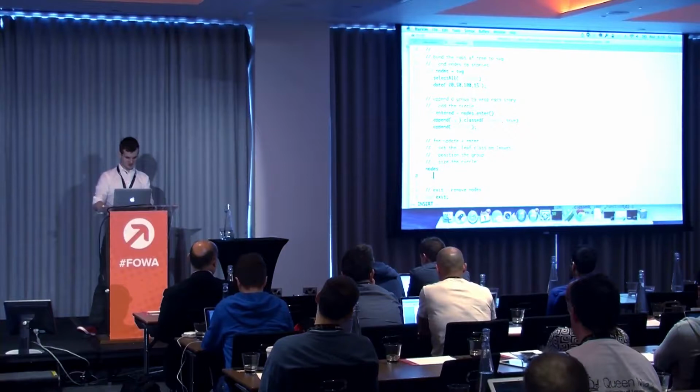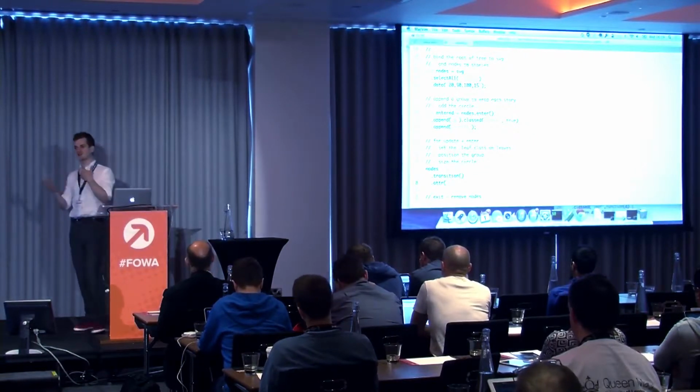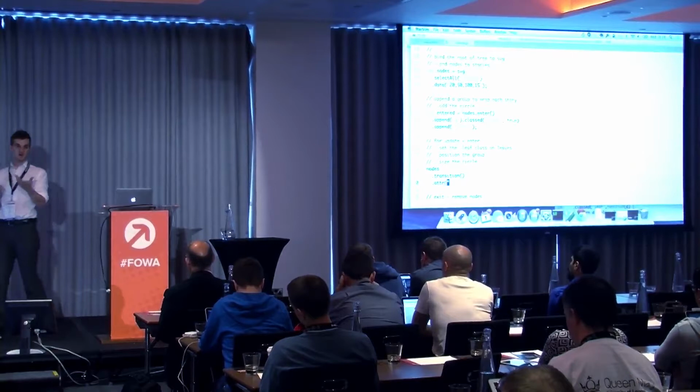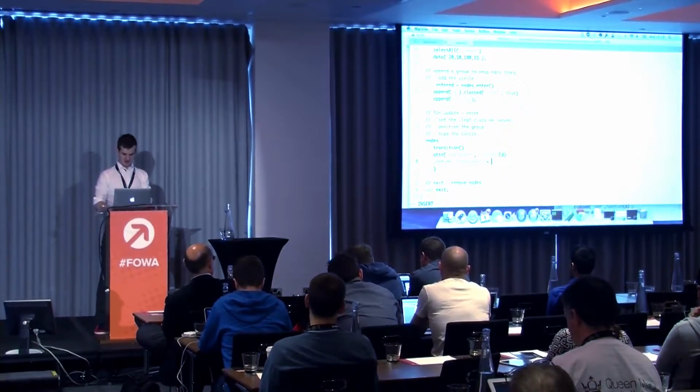Now what we want to do is, first off, I'm going to transition. Transition just means any of the numeric changes I make to those attributes are going to be happening over time. Then I'm going to set the transform, and I'm going to be setting this to translate. We'll just do something simple.